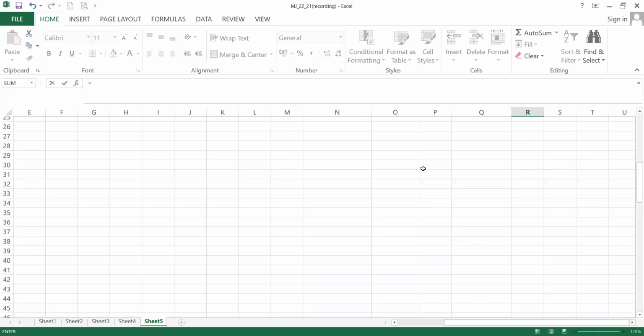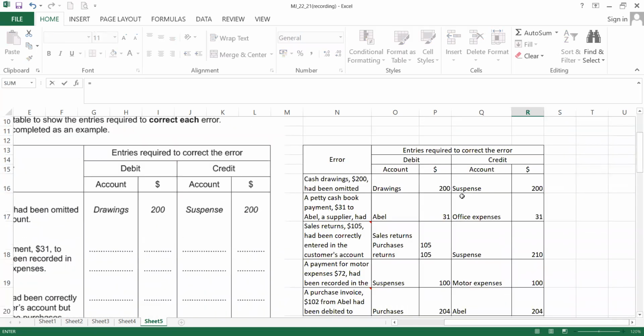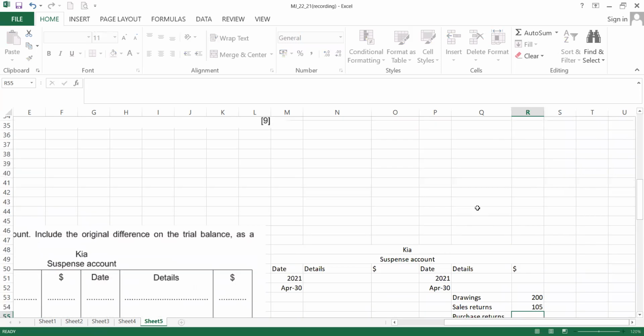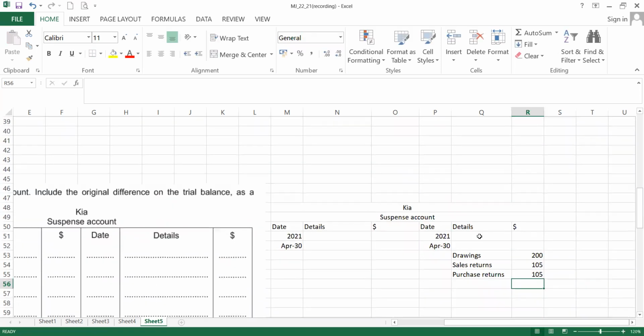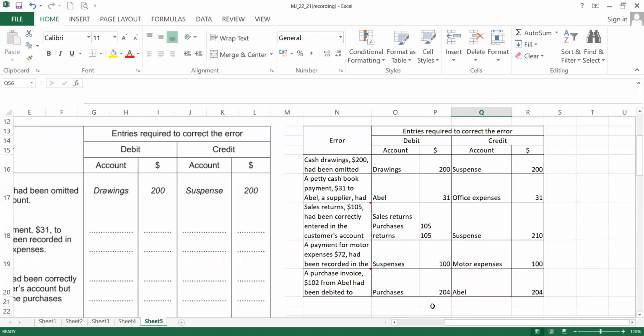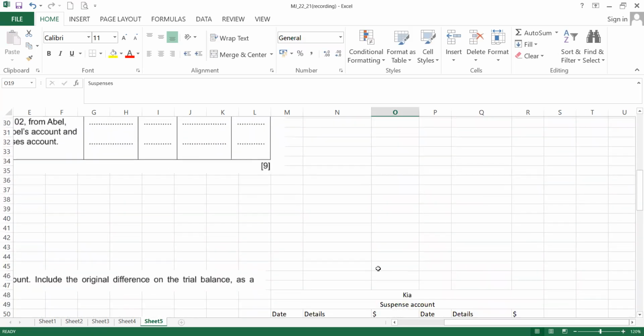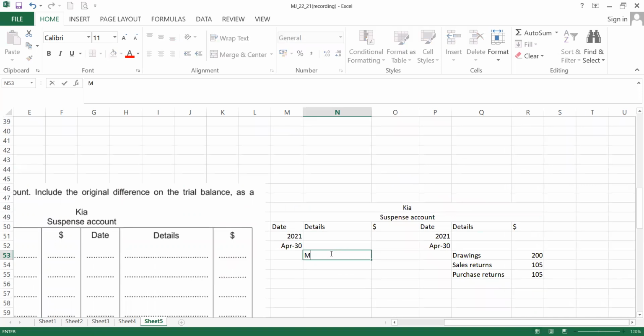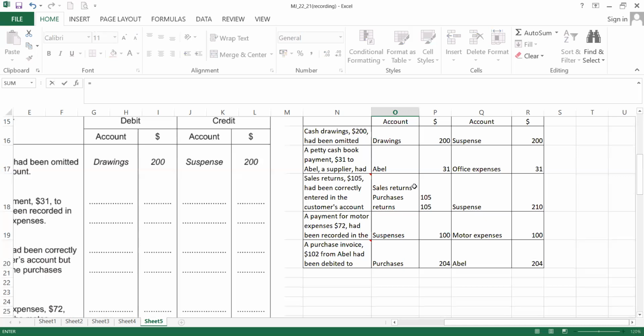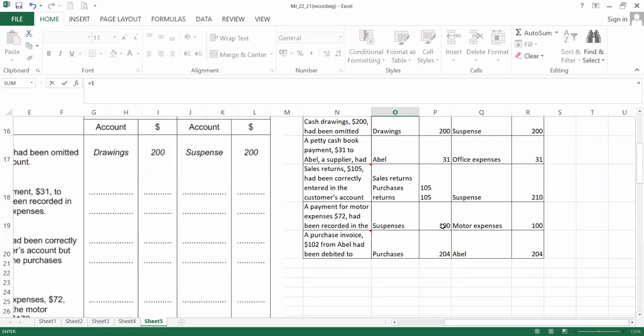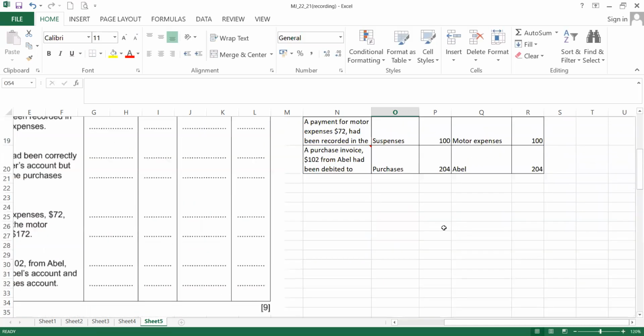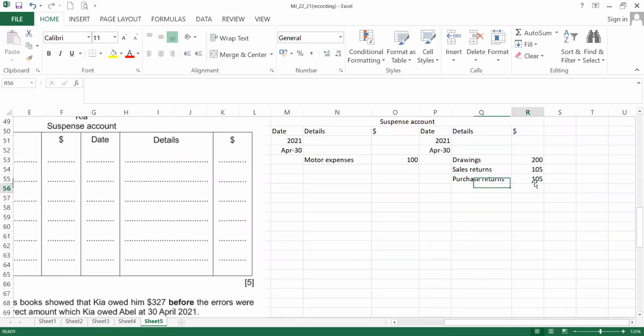Sales return is 105, 105. The next one is suspense in the debit, which is motor expenses. So in the debit side, motor expenses, and the amount is 100. Next, this one does not involve the suspense account, so we don't need to record.